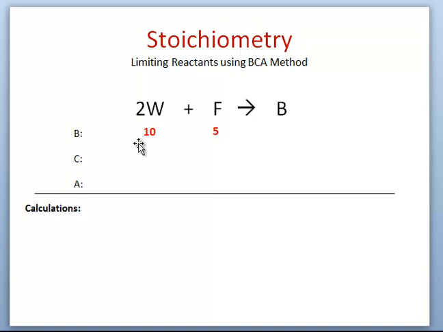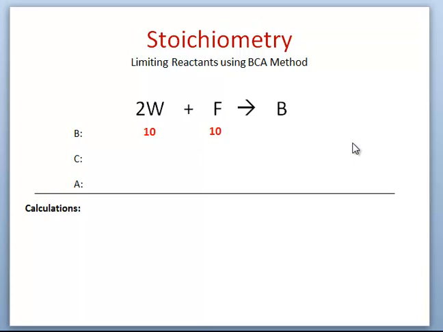You don't usually get to work with perfect ratios of compounds. A lot of times you're not going to have them in stoichiometric ratios. And so in those cases we have to be able to figure out how much product we get to make based on the imperfect amounts of reactants that we're given.